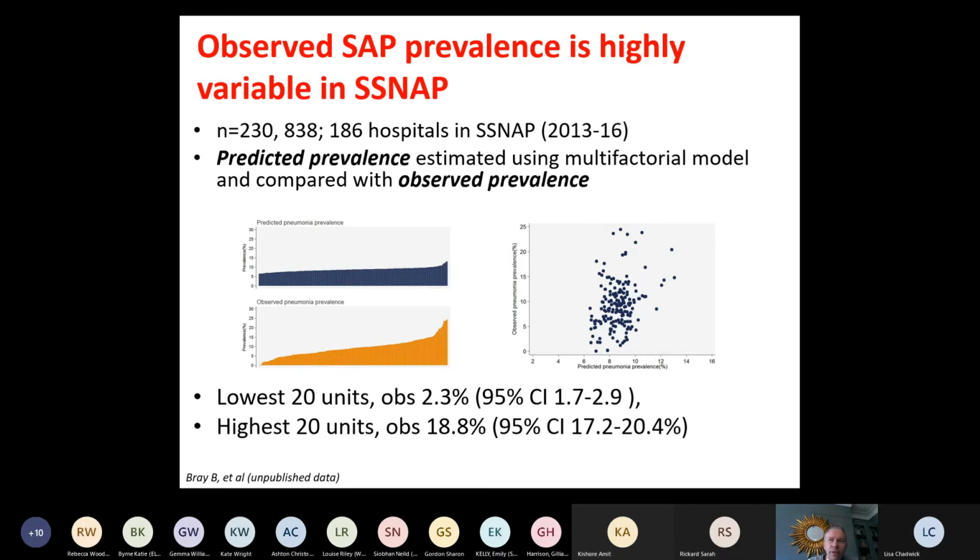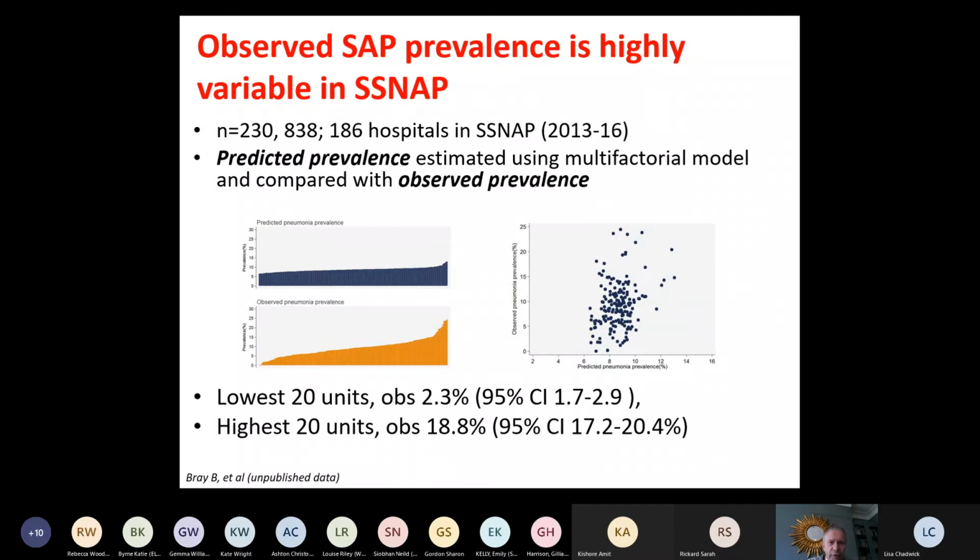Then what we also did was, using factors that we know are associated with the risk of pneumonia, for example, age, NIH stroke score, atrial fibrillation, and other factors, we created a regression model to predict how much pneumonia you would expect to see based on those clinical factors in each of the different units. And the blue figure that's above the orange one is for this predicted pneumonia prevalence.